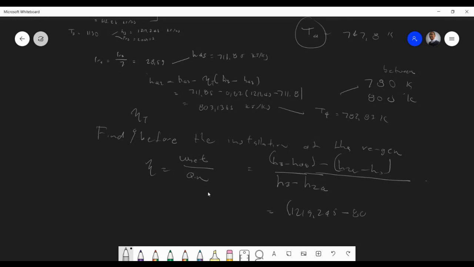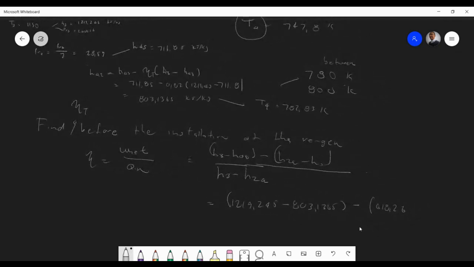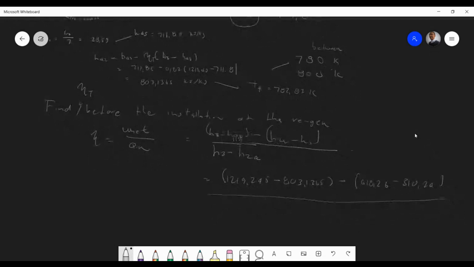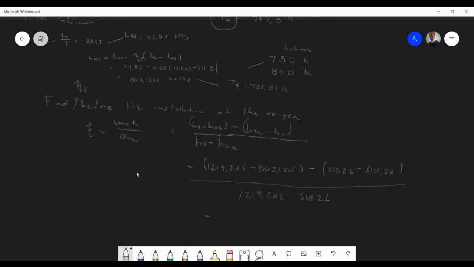H4A is 803.1345 minus H2, that is 618.26, minus H1, which was 310. Divide this by H3, which was 1219.245, minus H2A, and that was going to be 618.26. Okay, so what's my thermal efficiency before we install the regenerator?